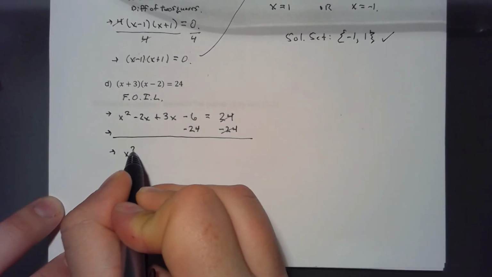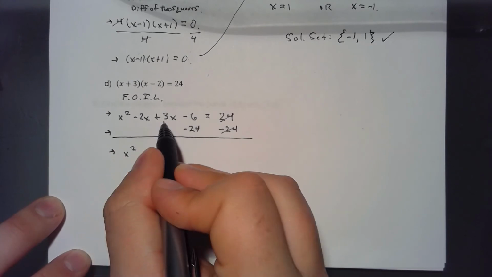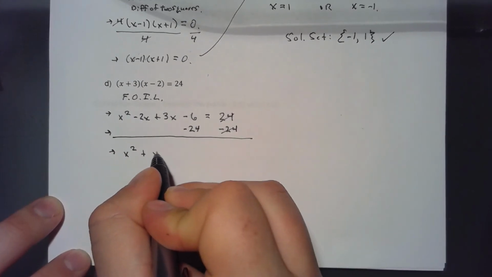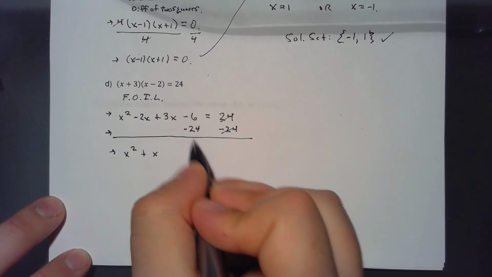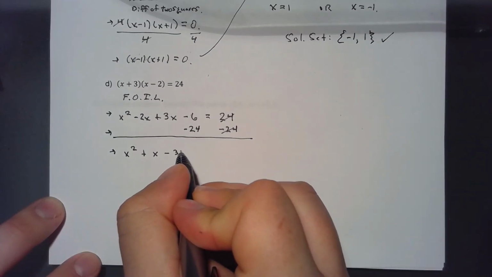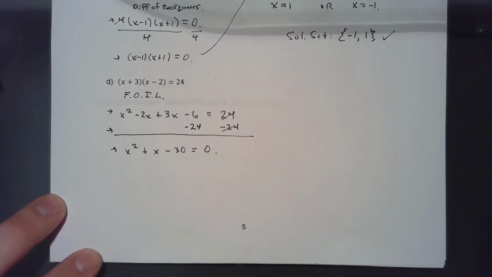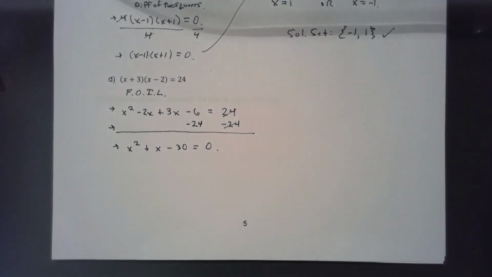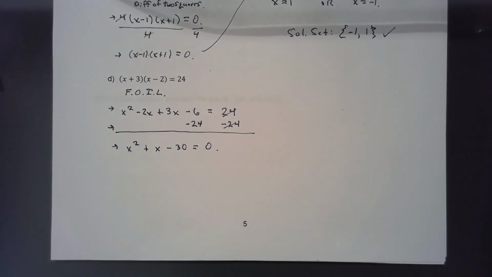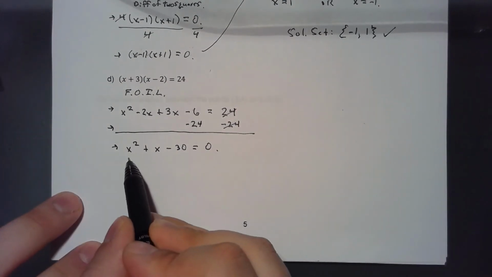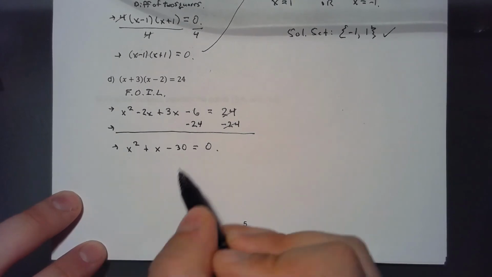So the left side is x squared minus 2x plus 3x is plus x. Negative 6 minus 24 is negative 30 equals 0. So now this is my quadratic. Now I can factor that.